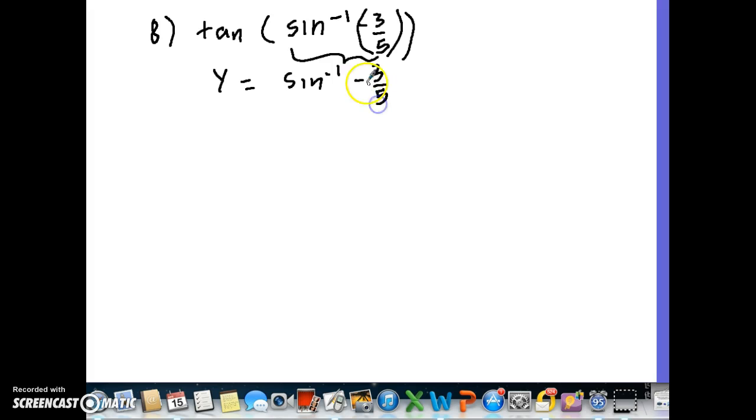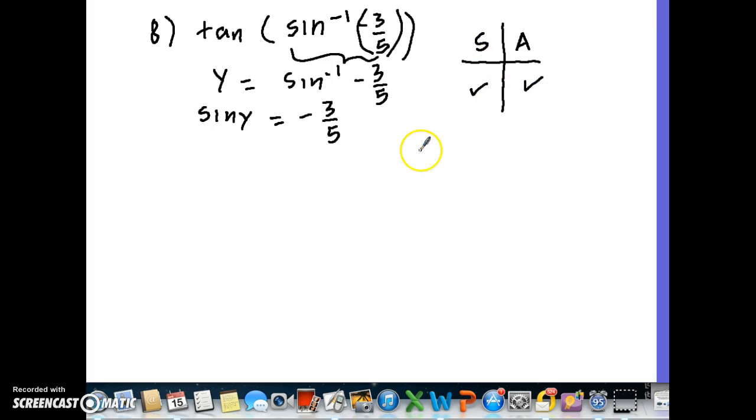And let's take another step before I say that. So this means the sine of the angle y is negative 3/5. And once we see the sign is negative, then we know what quadrant we're going to be in. Certainly won't be the first quadrant, won't be the second quadrant, but it could be the third or the fourth. All right, so let's go ahead and work in the third quadrant.